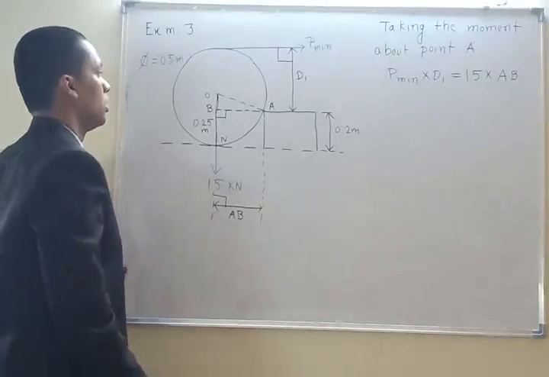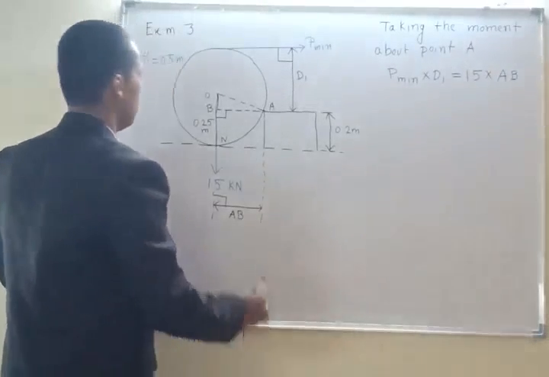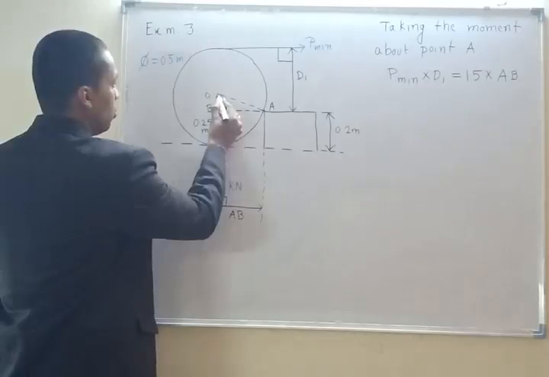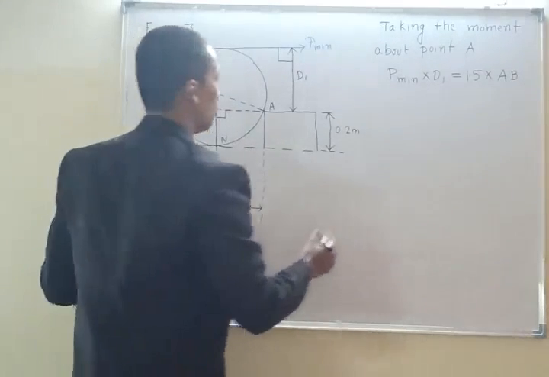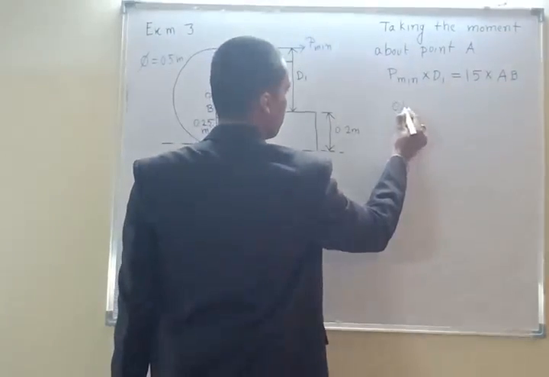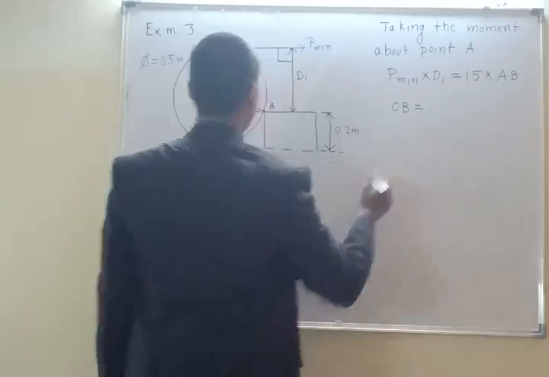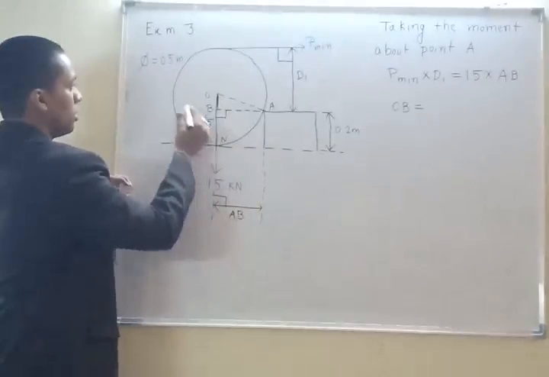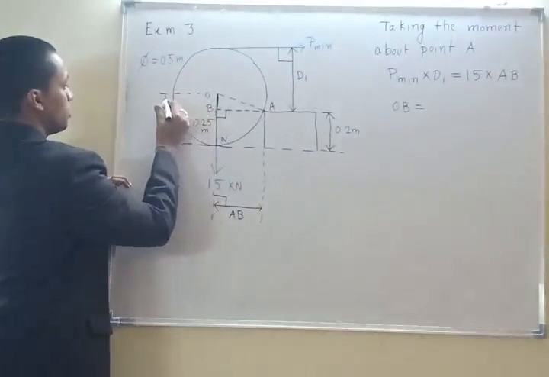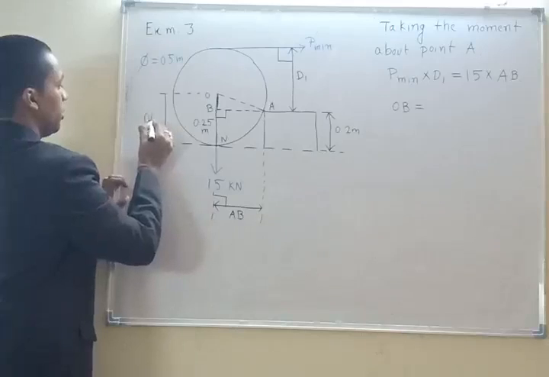D1 is what? Easy. See, this one is OB. So what is OB? OB is equal to ON. This height is ON.